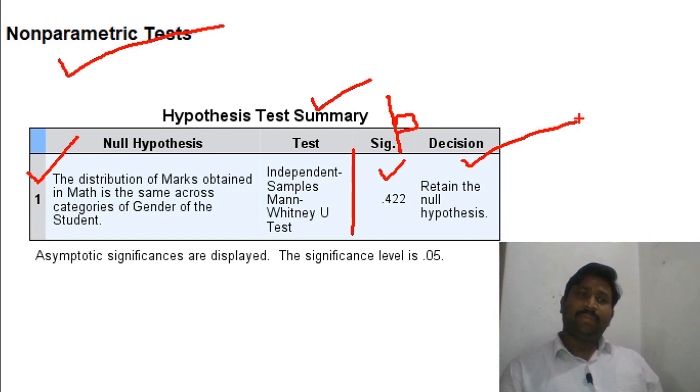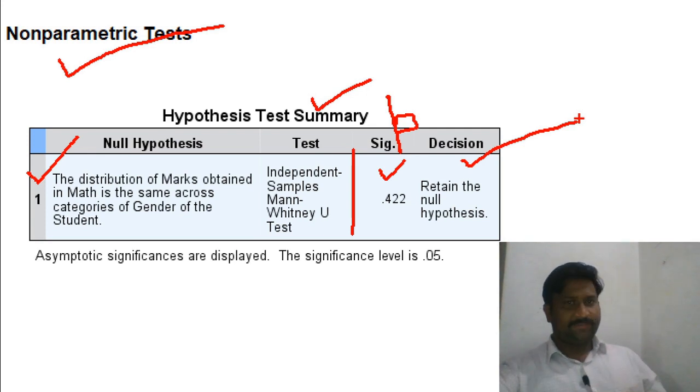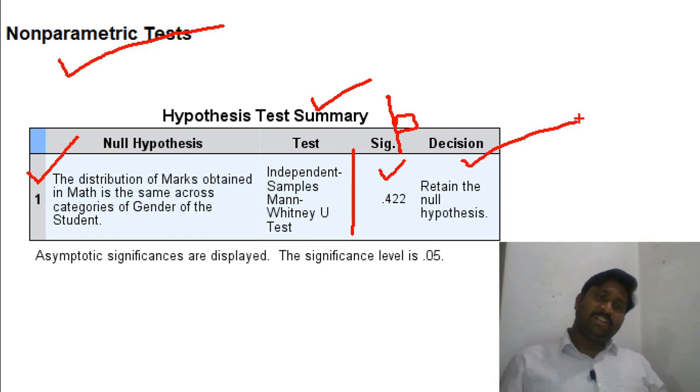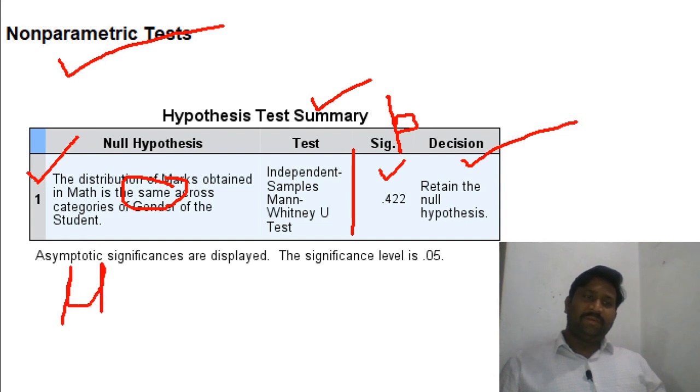The distribution of marks obtained in math is same across the category of the gender of the student. Means whatever categories of gender of the students we have, here we have only boys and girls, marks distributed is same. Means there is no difference between boy score and girl score, which is 0.